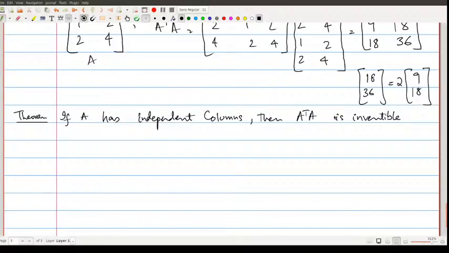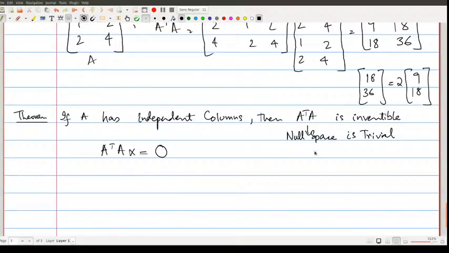Well, firstly, let's talk about when A transpose A is invertible. A transpose A is invertible when A transpose A x equals 0 has only the trivial solution, right? Saying that A transpose A is invertible is the same as saying that the null space is trivial.